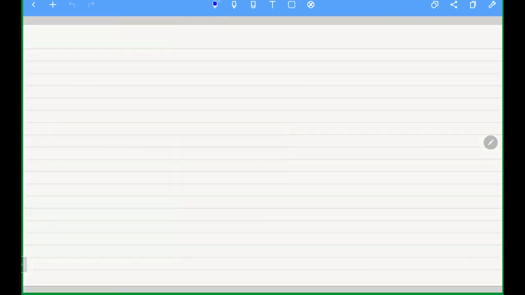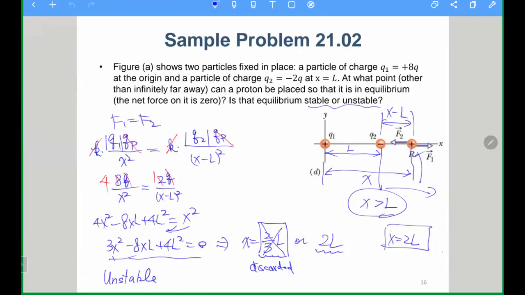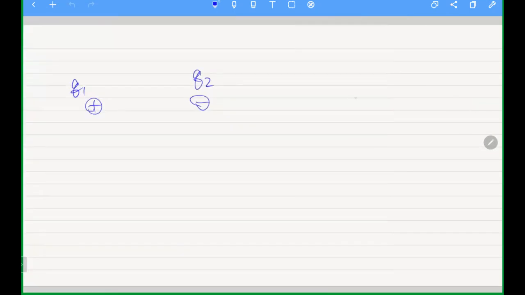Okay, so just now we have Q1, and then Q2. This is negative, right? Yeah, this is negative. And then we know this proton should be placed here. This is the proton. Okay, so this is L, this is also L, so that it adds up to be 2L.